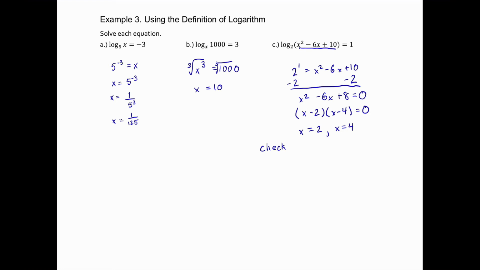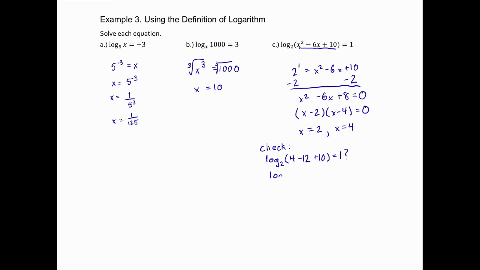Let's see what happens when we check these. When I plug in 2, I have log base 2 of 2 squared, which is 4, minus 6 times 2, which is negative 12, then plus 10, and we have to decide if that's equal to 1.